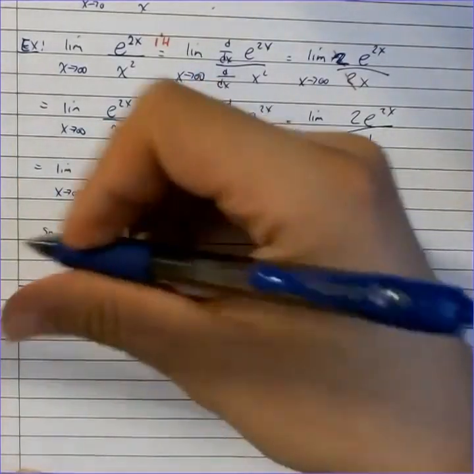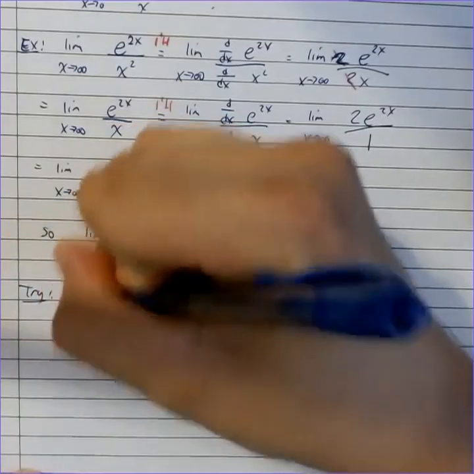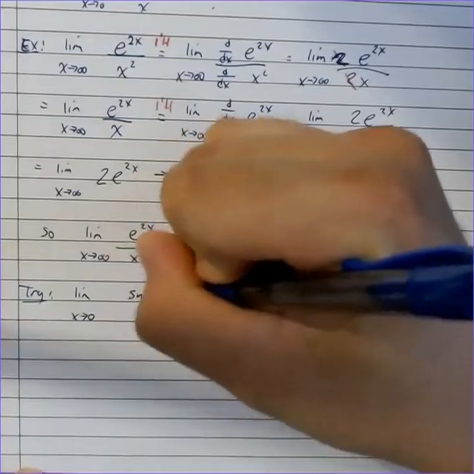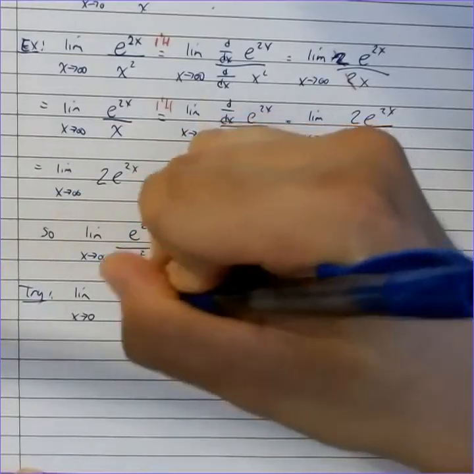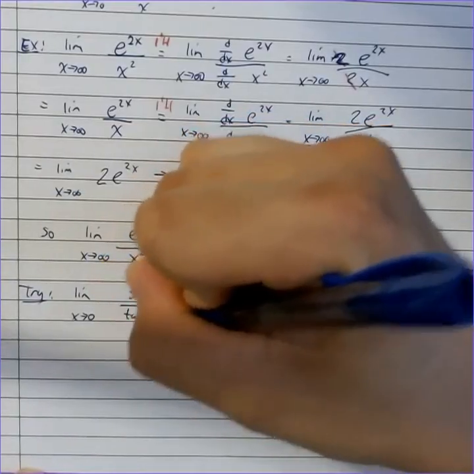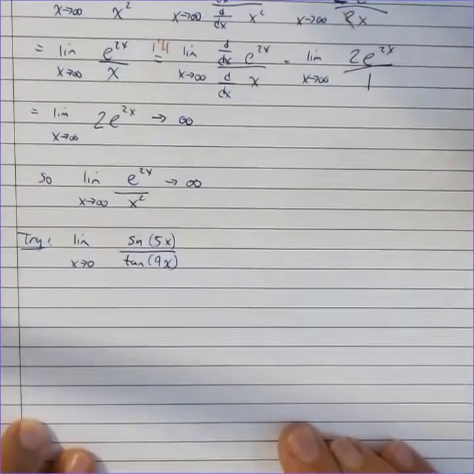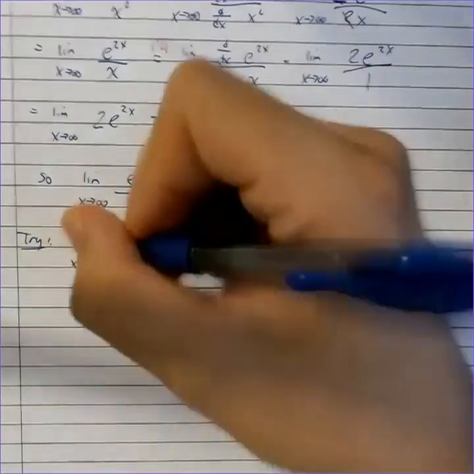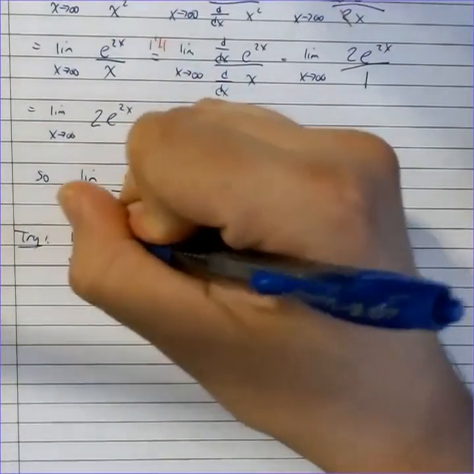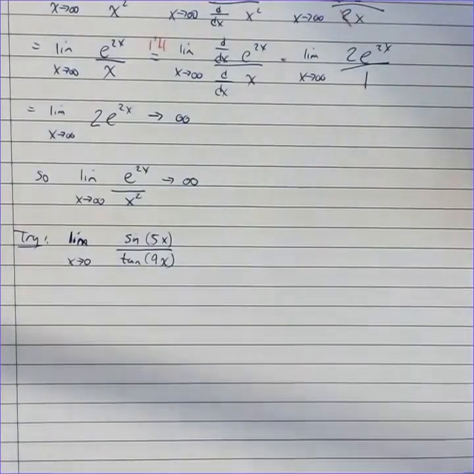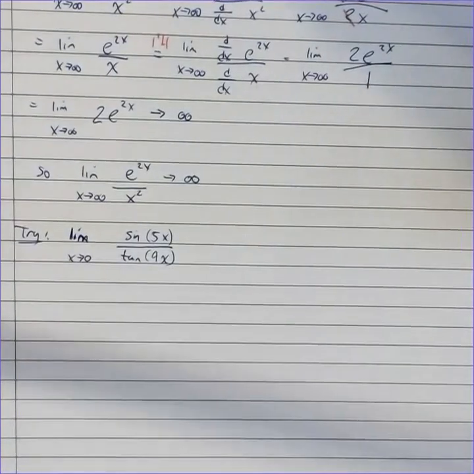See if you can get through taking the limit as x approaches 0 of the sine of 5x divided by the tangent of 9x. Go ahead and give that a try. Pause the video if you need the extra time, and whenever you have the result, unpause the video and we will go through it together.